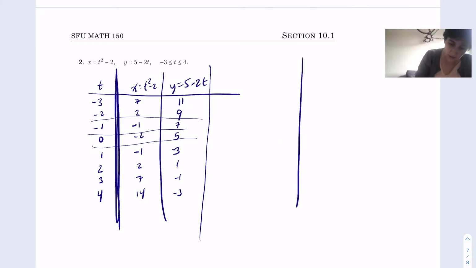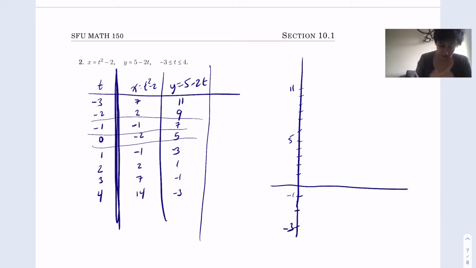Let me erase this. Negative 1, negative 3, and up to 11 on the y-axis. My x's go out to 14 and as low as negative 2.